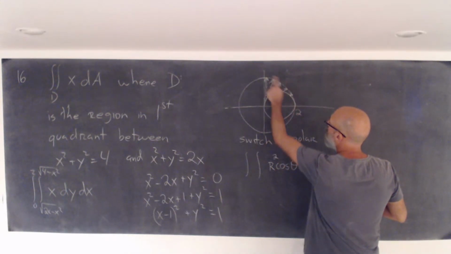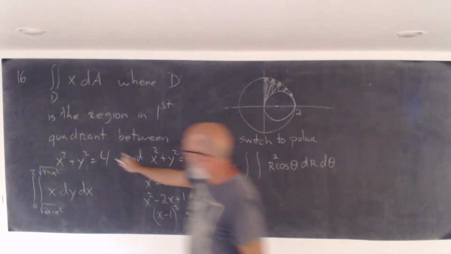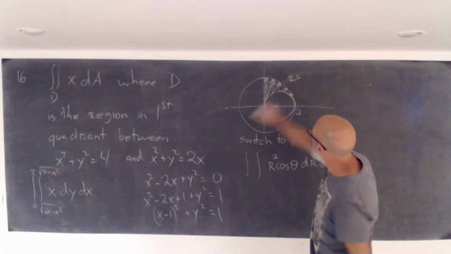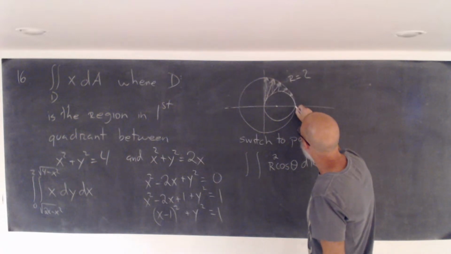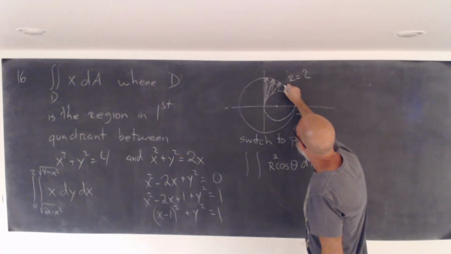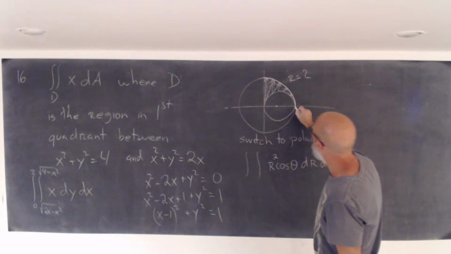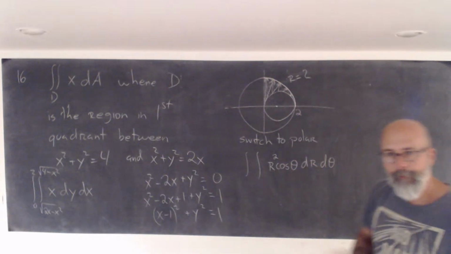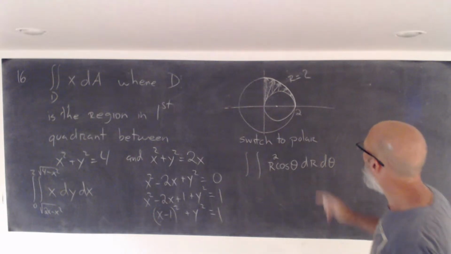For the large circle, the equation is r equals 2. So this part of the large circle is realized for theta going from 0 to pi over 2. It's just a quarter of the circle and you're good to go.